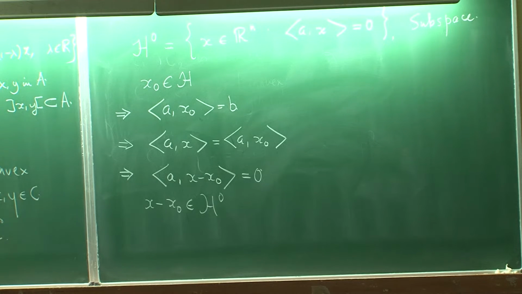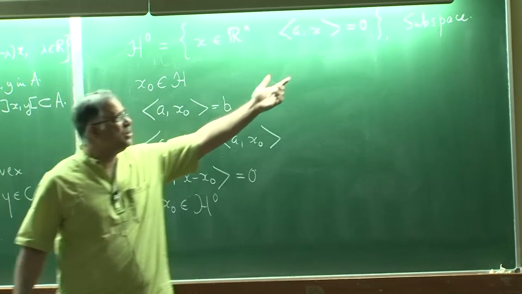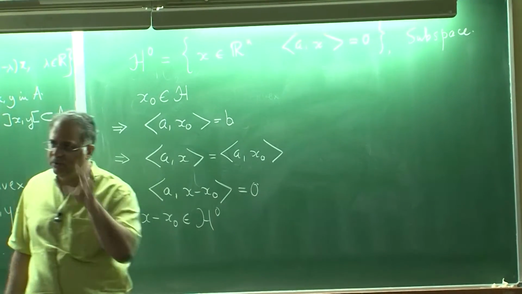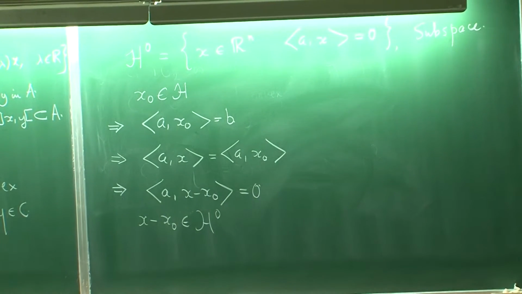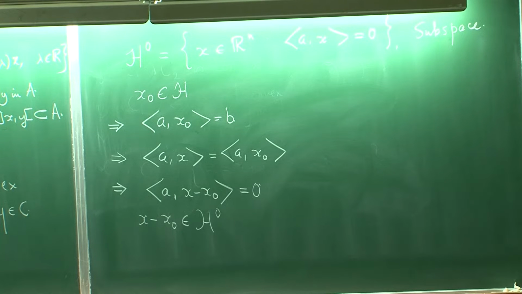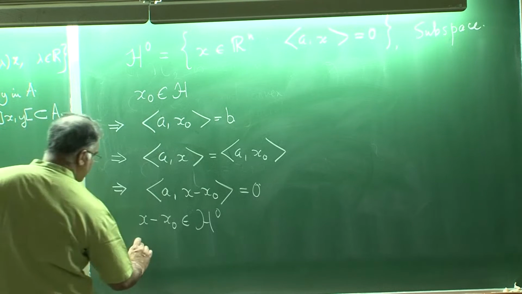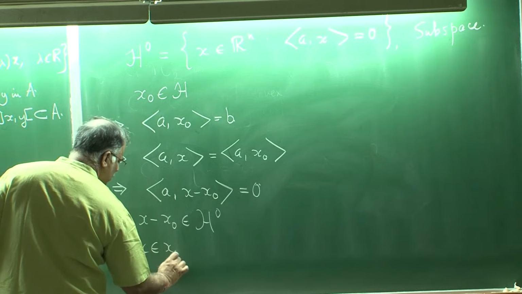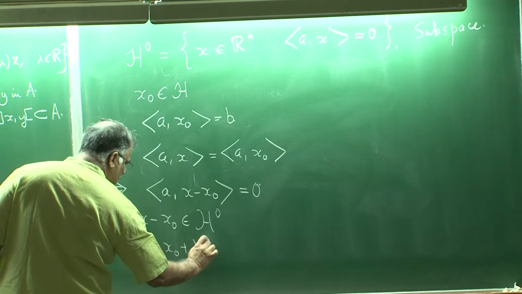Because any element of H naught must satisfy this. So, if x minus x naught is satisfying this, it must be in this H naught subspace. Okay. So, then x is an element of x naught plus H naught.